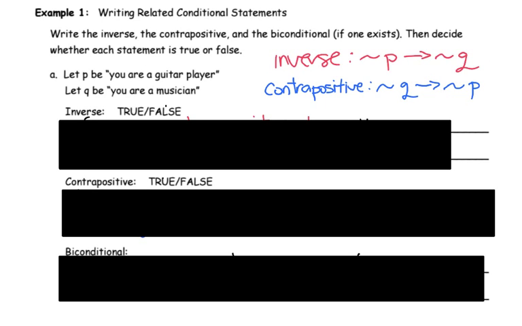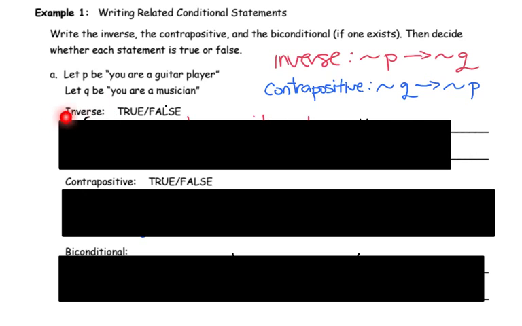All right, writing related conditional statements. Write the inverse, contrapositive, and biconditional if one exists. Then decide whether each statement is true or false. So A. Let P be you are a guitar player. Let Q be you are a musician. Remember the inverse, we negate the hypothesis and the conclusion.